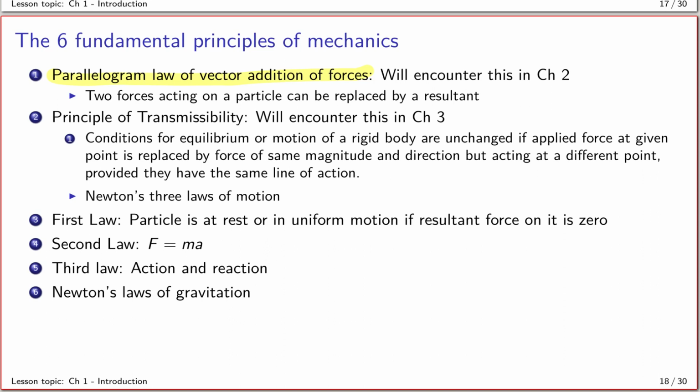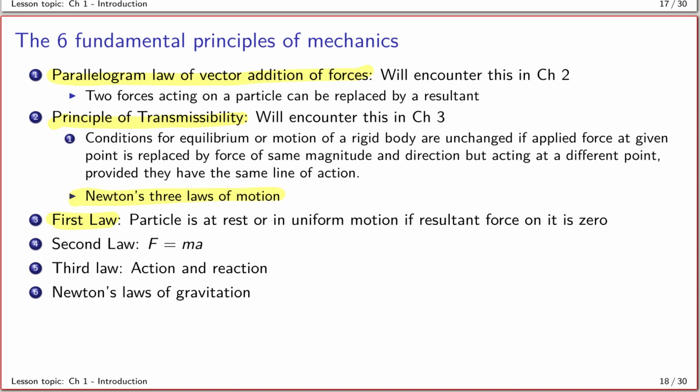The second one is the principle of transmissibility, and this has to do with how you can take forces and change the position where they are applied, as long as you don't change the magnitude and the direction and the line along which they are acting. Okay. And the third one is Newton's first law. Of course, we have 3 laws of motion.